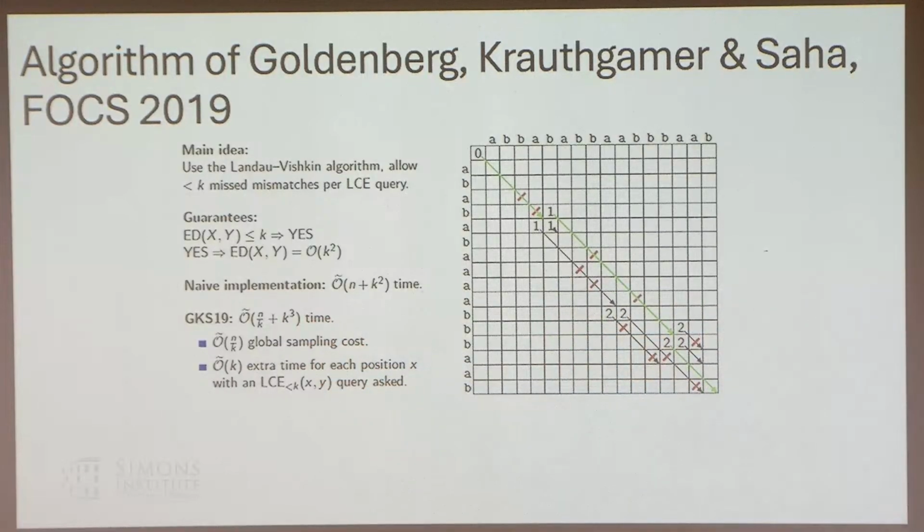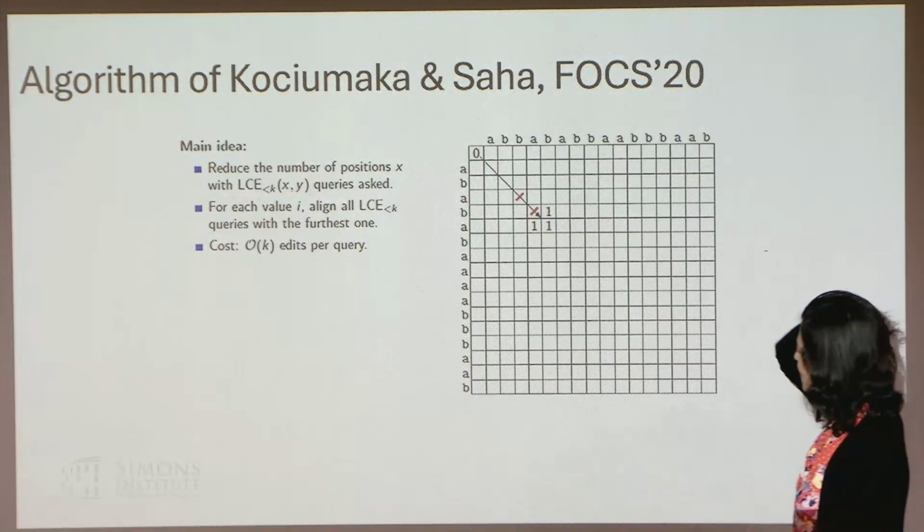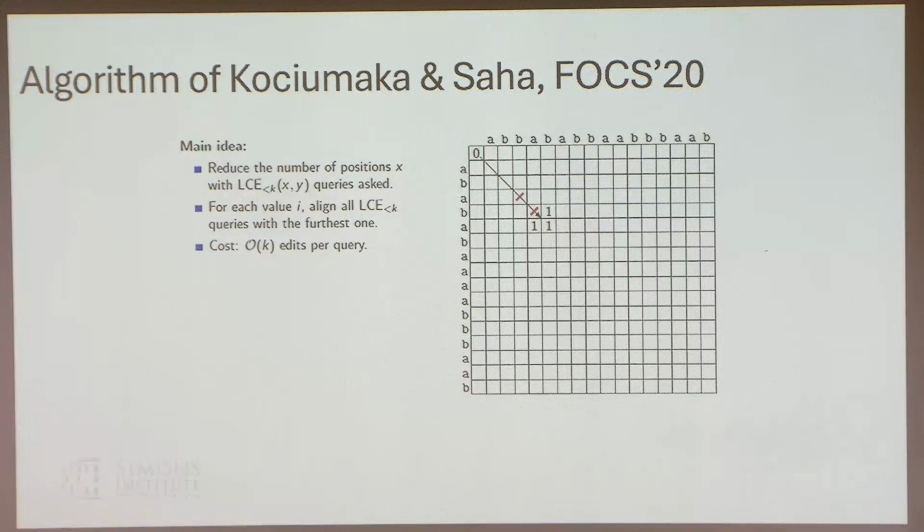And then in our subsequent work in FOCS 20, we improved this n over k plus k cubed to n over k plus k squared. And how did we do that?